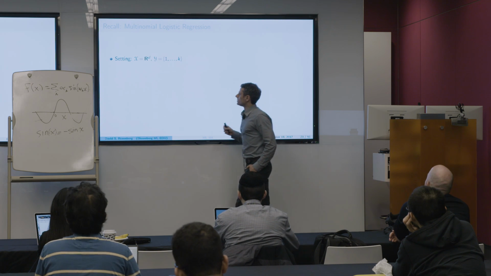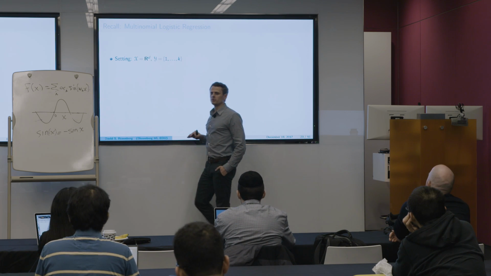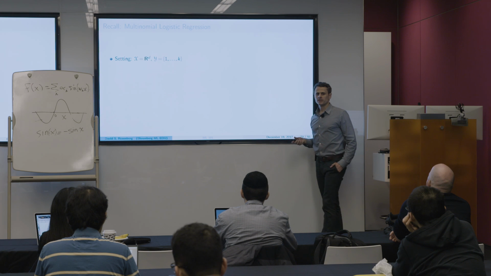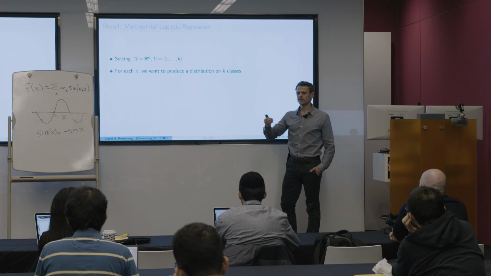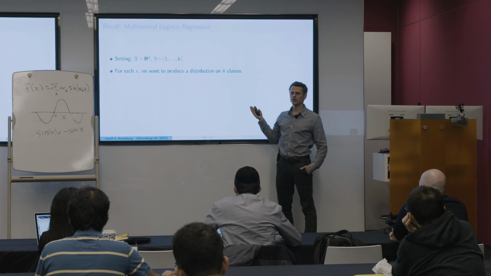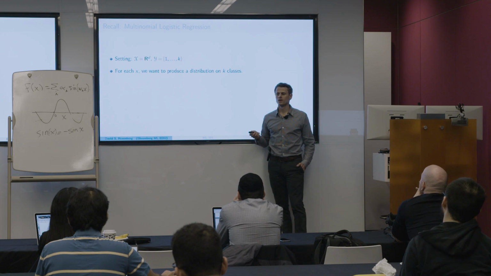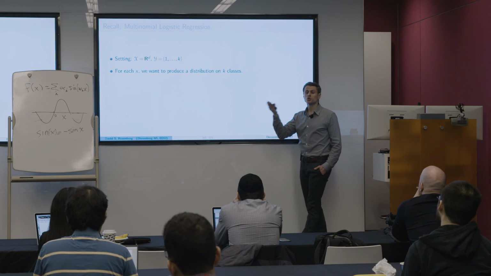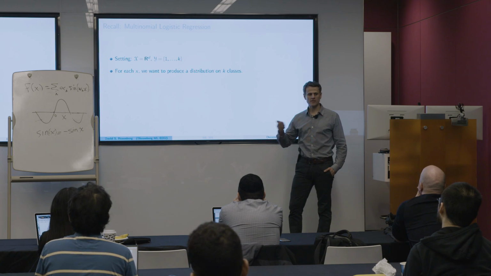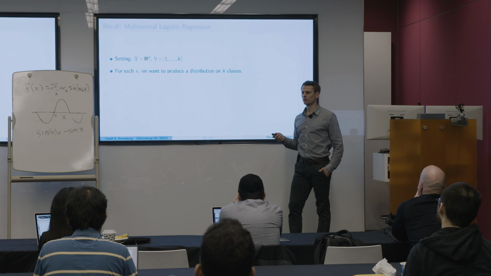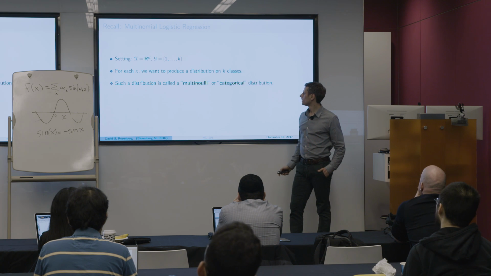So the setting: we're going to have an input space of R^d and K classes. And the goal is for any input x to produce a distribution on the K classes. That would be like a soft classification. If we wanted a hard classification, you would just take the class that had the highest assigned probability for the given input x.